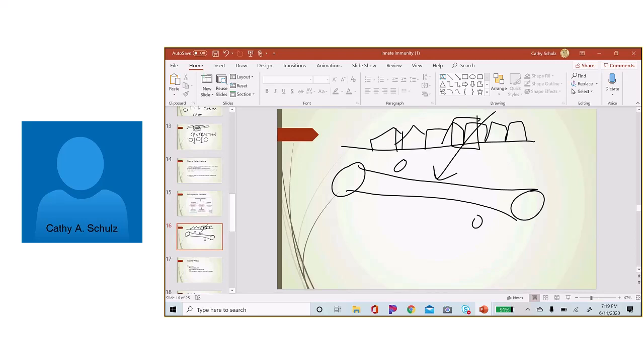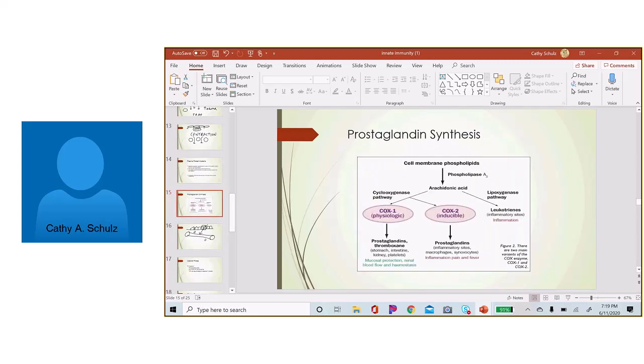These cells that were injured, their cell membrane is made of phospholipids. When they are injured, a specific fatty acid that is part of the cell membrane is released, and that's arachidonic acid. In the bloodstream, the cyclooxygenase enzymes, COX-1 and COX-2, are always present.